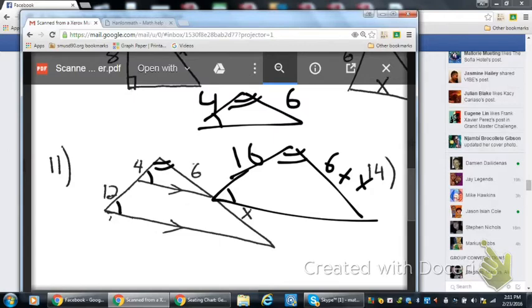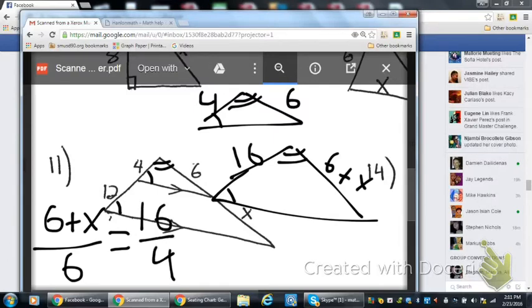So they're similar by angle, angle. The moment we know that's true, think proportion. 6 plus x over 6 equals 16 over 4. The rest is just algebra. So make sure you have this, and we'll go ahead and solve that tomorrow.